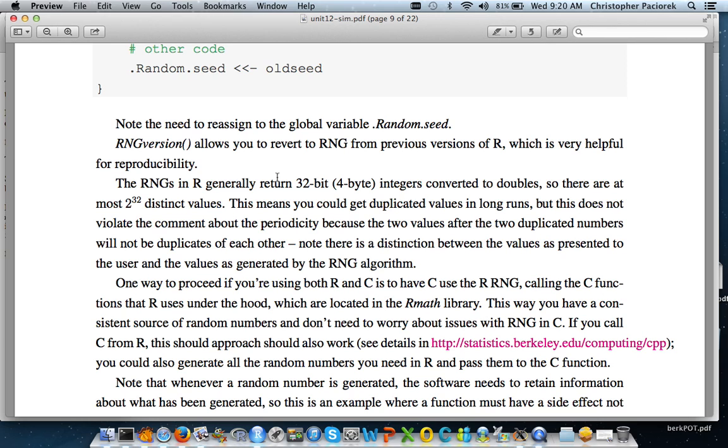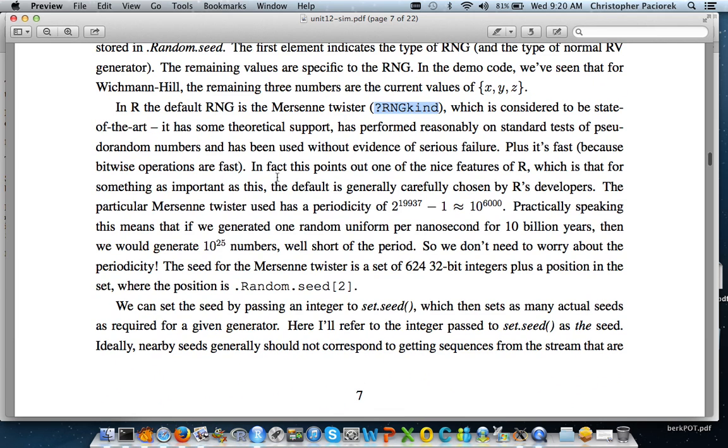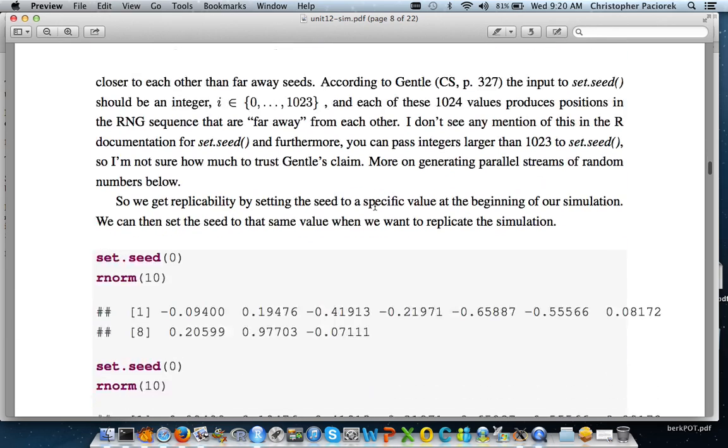That doesn't mean the periodicity is only 2 to the 32, because of the way that the bits are being generated from back in the stream, you can work out that, for example, the periodicity of the Mersenne twister is just incredibly long. It's like 2 to the 19,937, so it's just a really long periodicity.